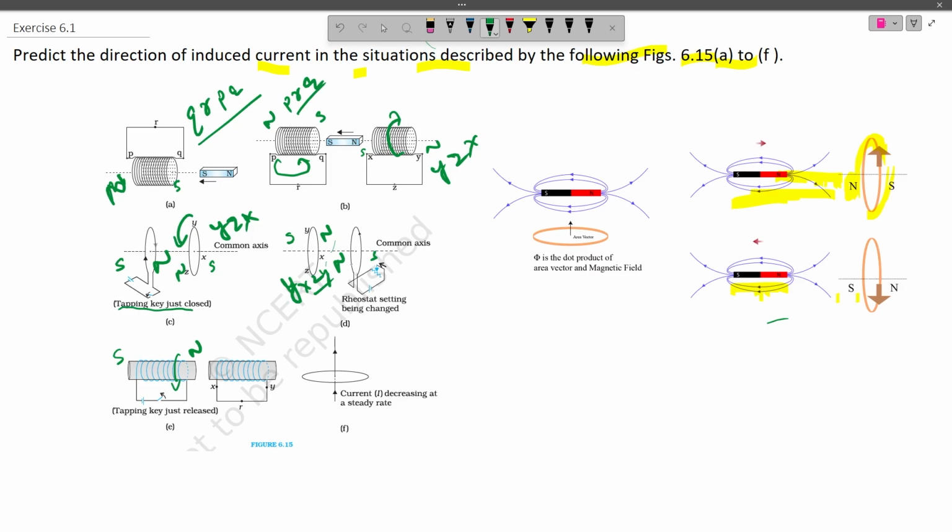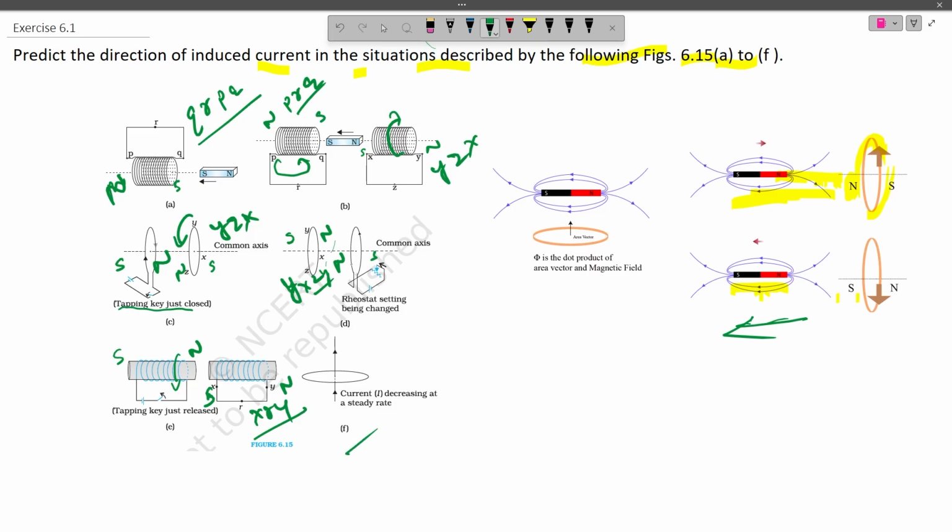Just after releasing the tap key, the north pole has decreased, so a south pole will be created over here and a north pole will be created over here. For creating a south pole over here, the direction of the current must be in the opposite direction, or XZY direction.